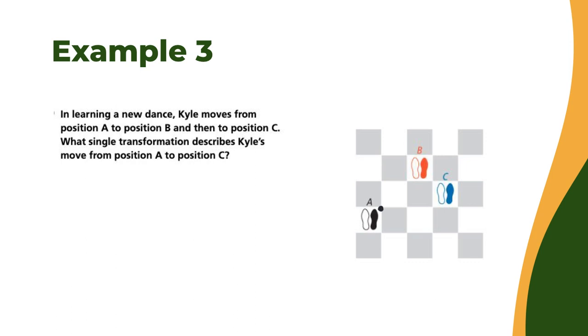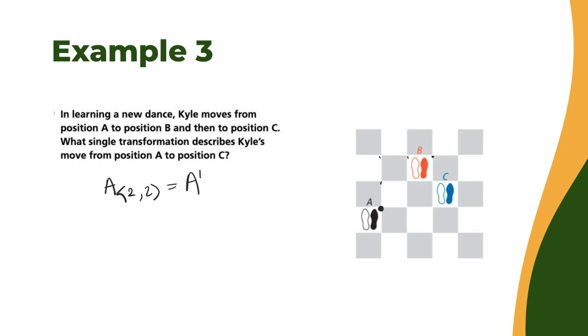So from A to B, I'm going up 2, over 2. So going from A, I'm going to go to the right 2, and I'm going to go up 2. And that is going to equal A prime. Then I'm going to take A prime and I'm going to move.